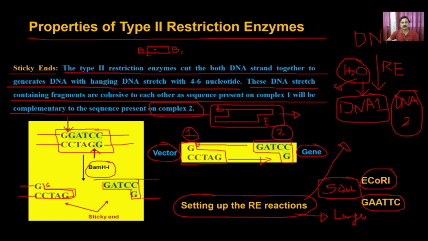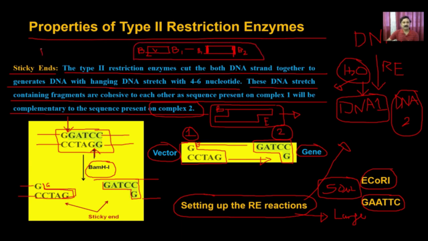This is your vector, and if I have the gene also with B and B, just to make it distinct, I'm making it filled. Now B1 can match with B1 or B2, so it can attach like this, or it could attach with this side. In that case, the cloning is not going to be directional.